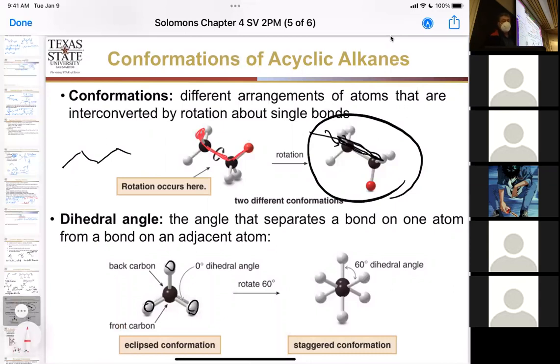So if they're spread out really far like this, this is the dihedral angle. And this is the dihedral angle on this one here. It goes down, goes through these carbons and goes back up to this hydrogen there.